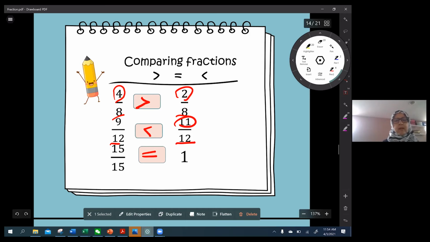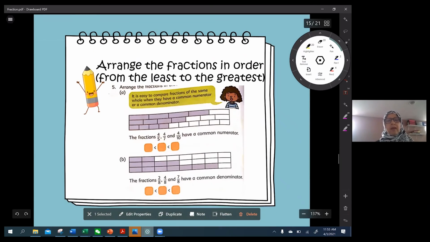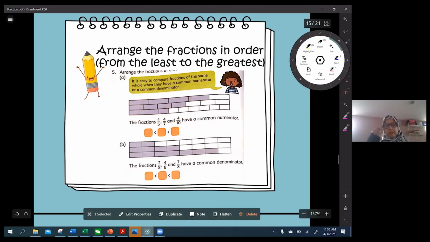All right. Okay, so now look at this. Who wants to do this question? Arrange the fractions in order from the least to the greatest. So least means what? The least is the smallest and the greatest is the biggest. All righty. Okay.